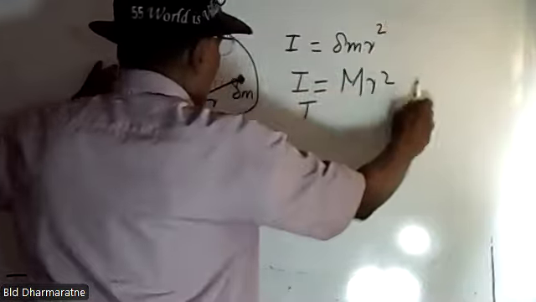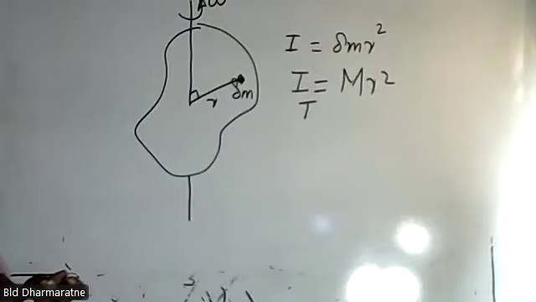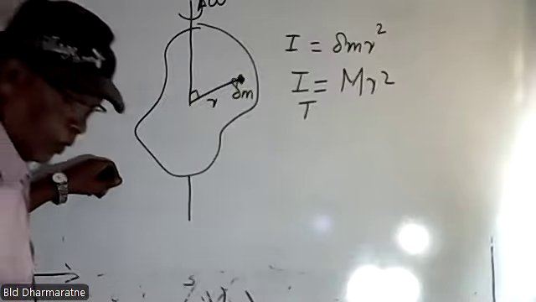Now we describe angular momentum here. This is for the angular case, the momentum about the axis.